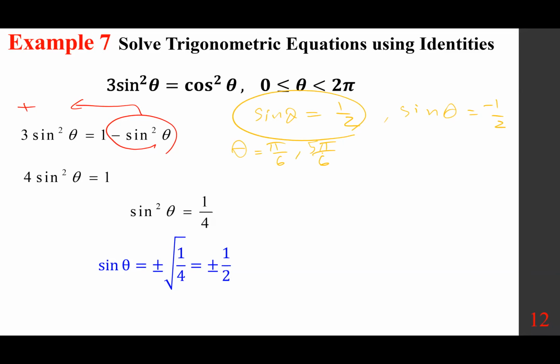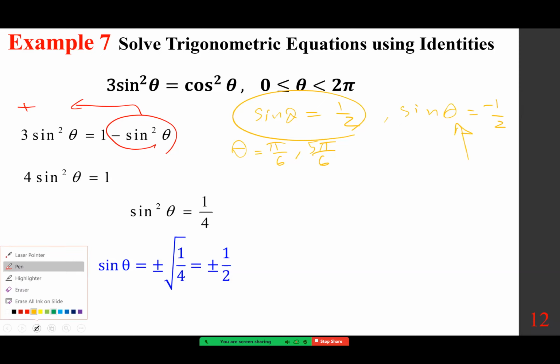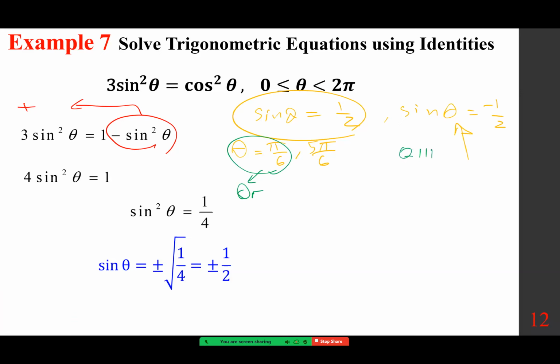What about negative 1/2? Remember, for that now it's the reference arc. And sine is negative in the third and fourth quadrant. In the third quadrant, pi plus the reference arc.